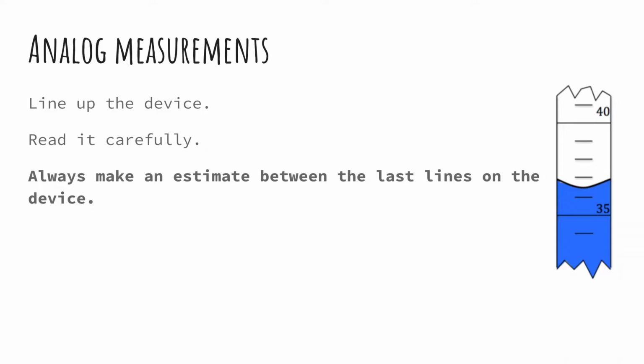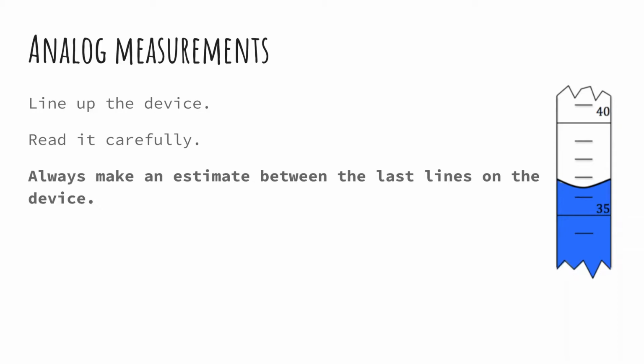Read to the last line and then make your estimate between them. So your analog device will report some number, sort of. The lines will take you to some digit, and then you make an estimate 1 decimal beyond that. So when you record the level of this fluid, it's going to be 36.5 milliliters.